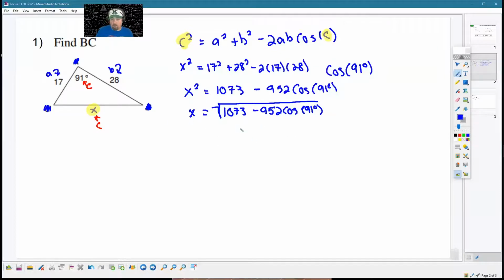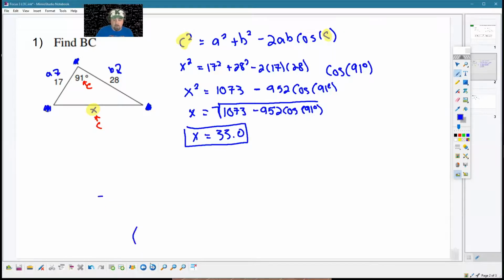I'm not going to round that, but I wanted to mention it because this thing comes out negative. This is where you're going to have some trouble. You're doing minus a negative, which is why it's going to add and get bigger. So then we're going to take the square root of that answer, and I got 33.009. So x is 33.0 because we've been rounding to one place every single time.